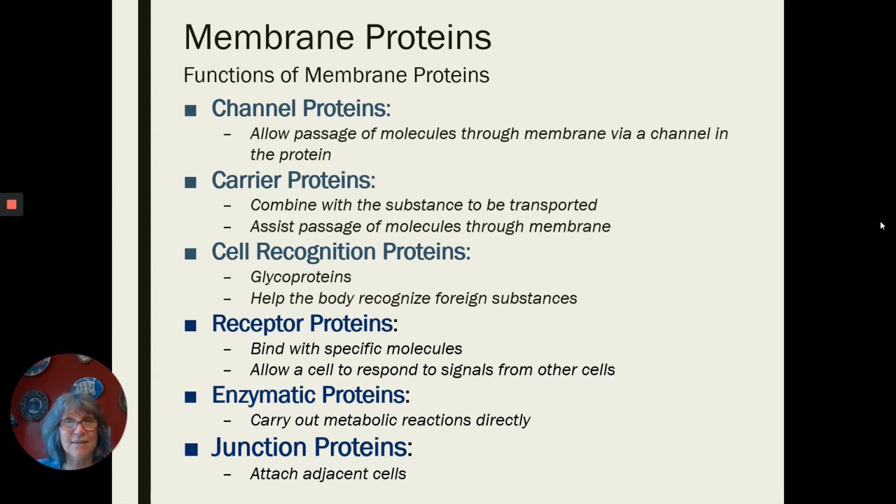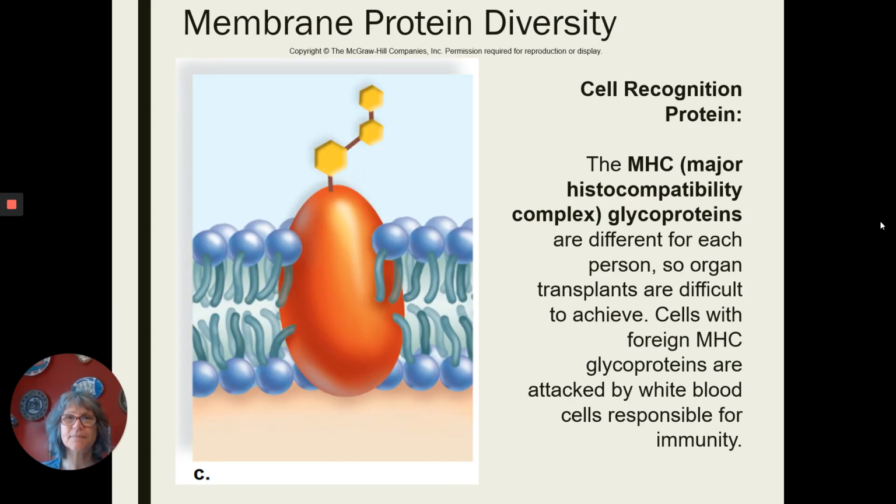In bacteria, where I don't have membrane-bound organelles, most chemical reactions are going to take place on the plasma membrane, on the cell membrane, at these enzymatic proteins. And then the last are for multicellular organisms that have the tissue level of organization: how cells attach to become tissues and how they can communicate with each other is through these junction proteins.